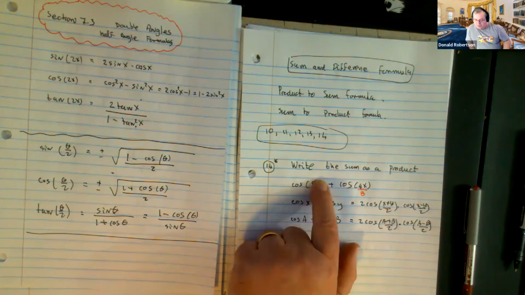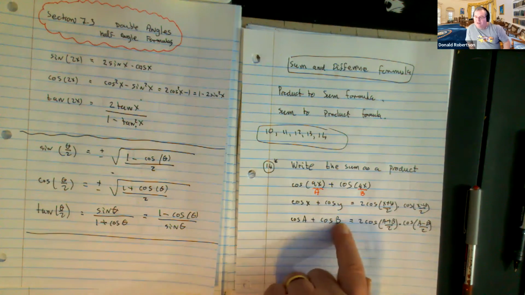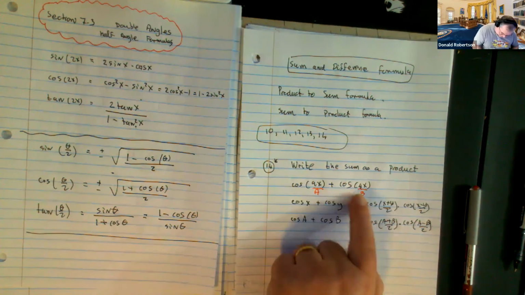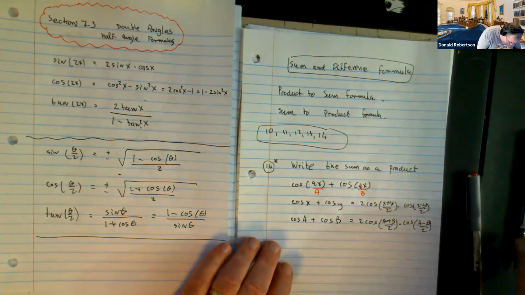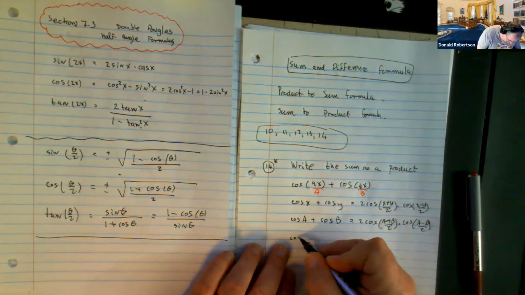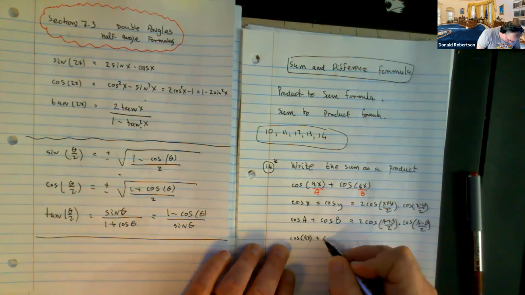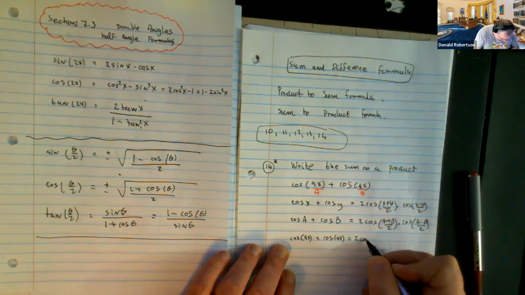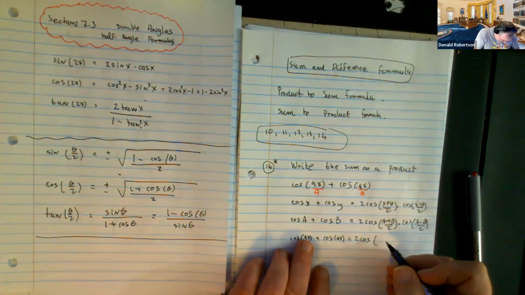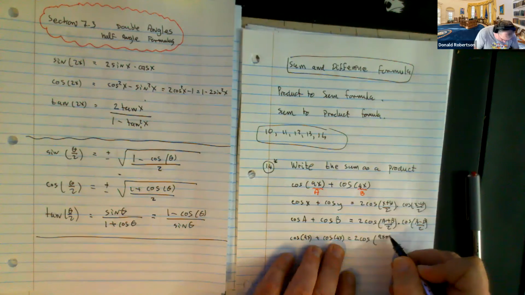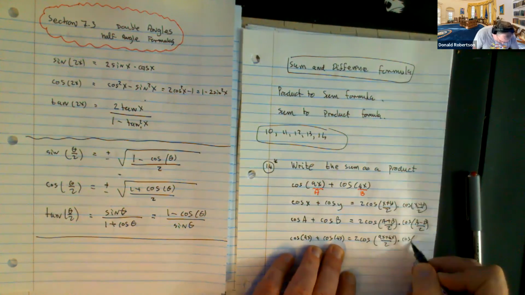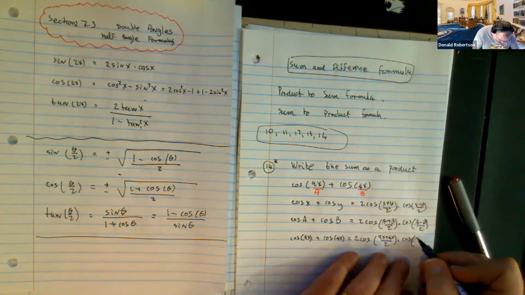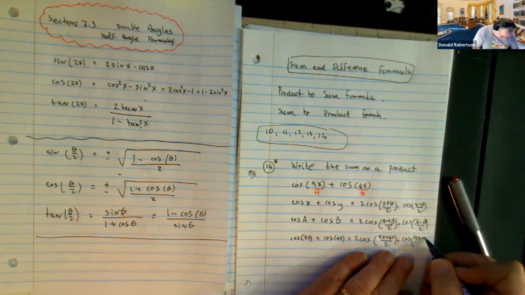So I'm calling them totally different letters to make it easier to identify them. In this case, it's the cosine of 9x plus the cosine of 4x, and it's going to be 2 times the cosine of a plus b, that's 9x plus 4x over 2, times the cosine of a minus b, which is 9x minus 4x over 2.